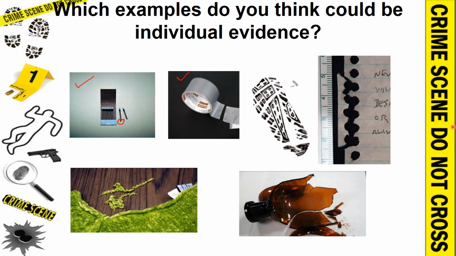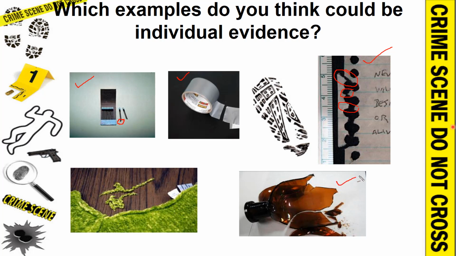The shoe print could go either way. It's going to depend upon how unique the wear pattern is. So that one's kind of a grayer area. We know that this cut right here, or these tears all along here, they're all going to be unique to that piece of paper. So this would be another example of individual evidence. Clearly the broken glass, or the broken bottle, it's never going to break the same twice.